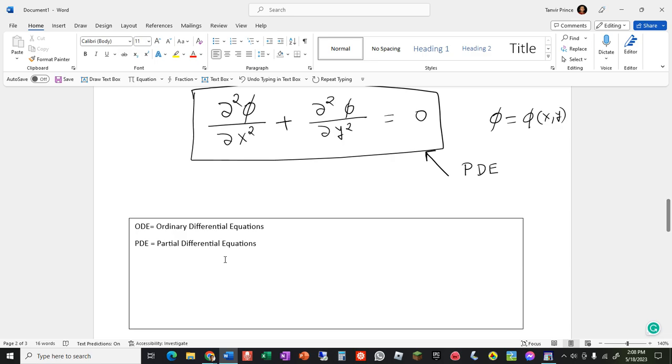It could be a function of two variables, or three variables. So once you go beyond a single variable and you're looking for the unknown function as a two variable function, three variable function, etc., that becomes a partial differential equation. So we're going to concentrate on the ordinary differential equation.